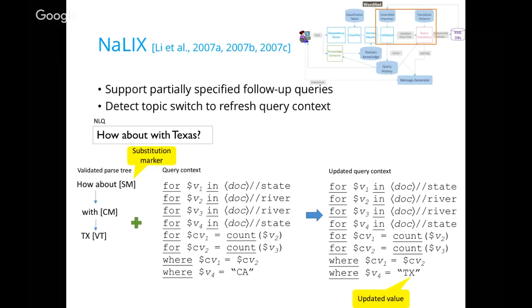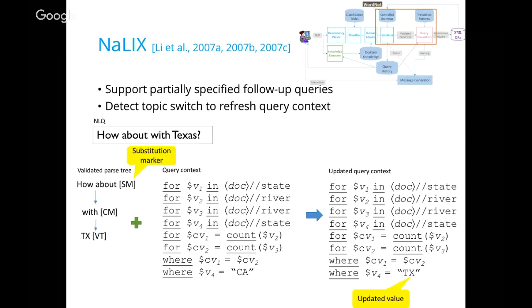So we already asked, give me all the states whose number of rivers is the same as the number of rivers in California. Since this is the query context that we have so far, when the user asks a partial query, we can assume that this partial query is meant to augment or substitute what has already been asked before.